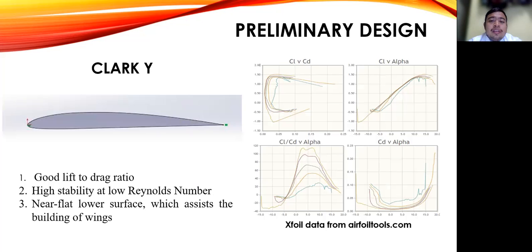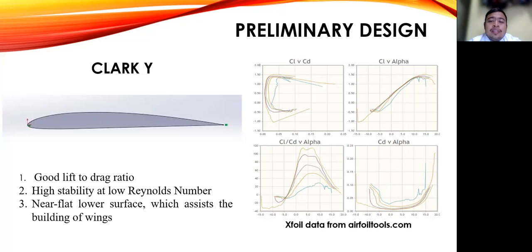For the preliminary design, the process of determining the upper design idea of the flying wing is in the preliminary design. The kind of airfoil is chosen throughout this phase. The choice of airfoil is very crucial in defining the flying wing's flight performance.